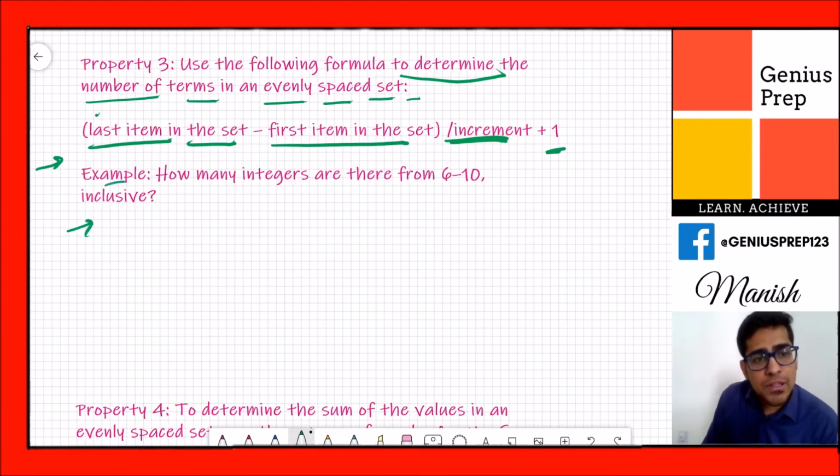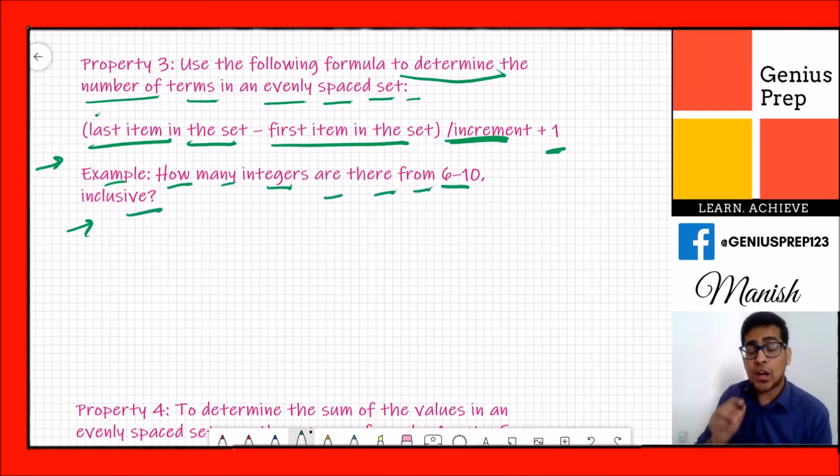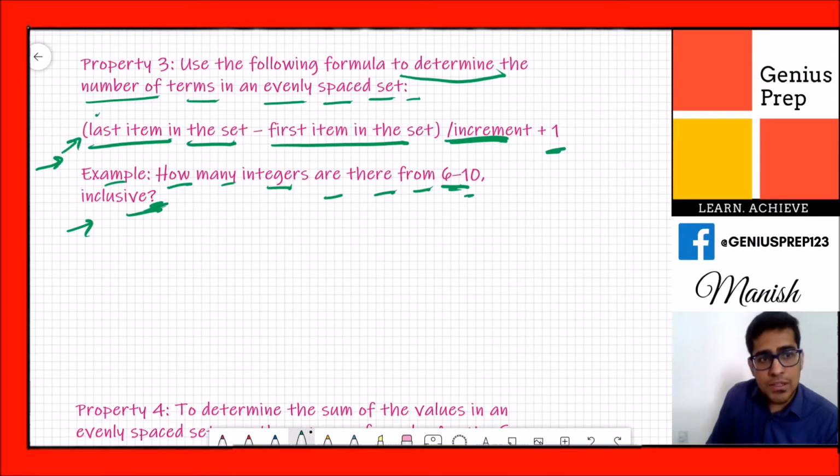The example says, how many integers are there from 6 to 10 inclusive? Inclusive means it is including 6 and 10. If we go with this formula, what is the last item in the set? 10, minus the first item in the set, 6, divided by the increment.